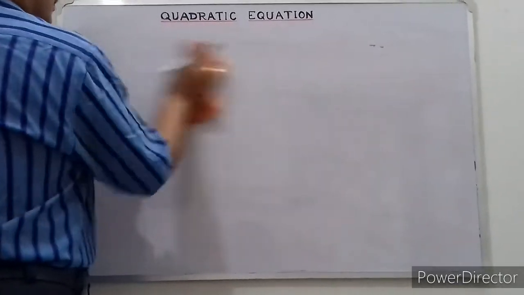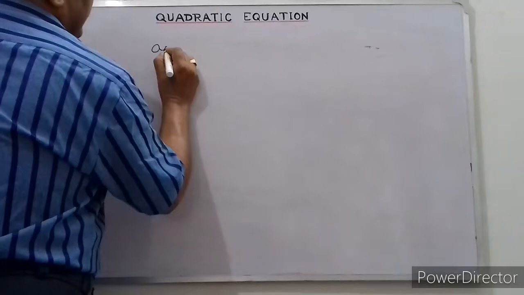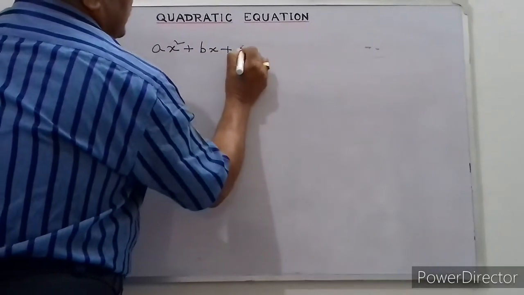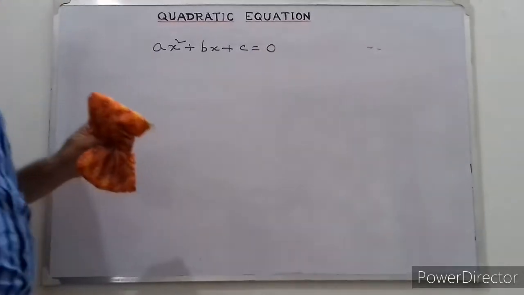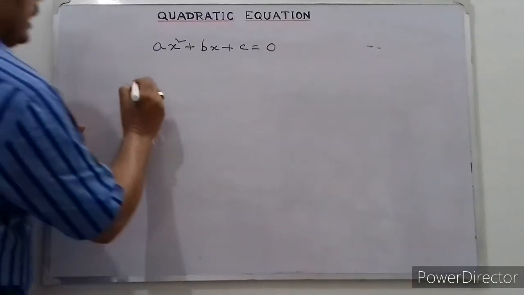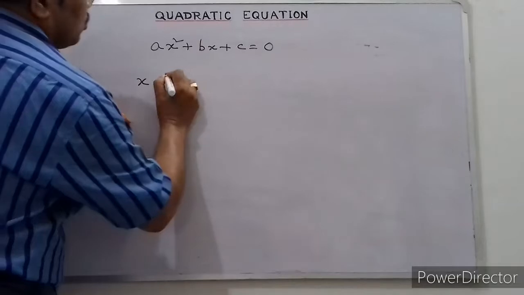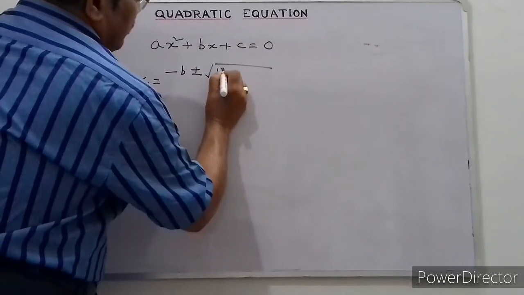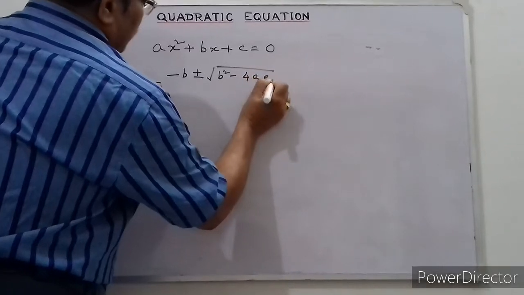Now, if ax square plus bx plus c equals 0 is the standard form of the quadratic equation, and the value of x equals minus b plus minus root b square minus 4ac by 2a.